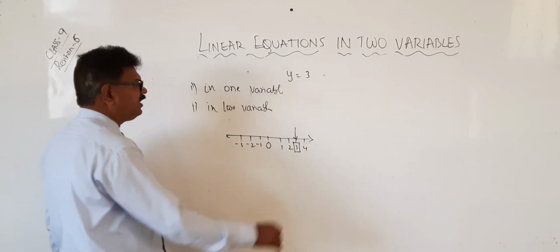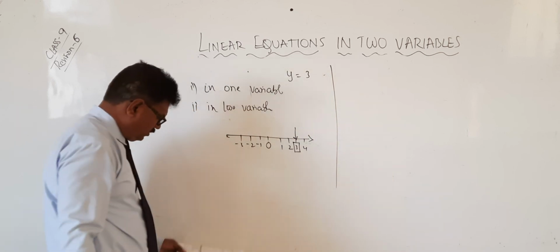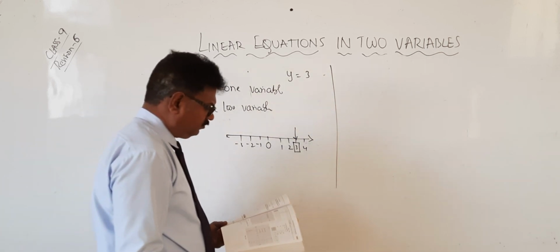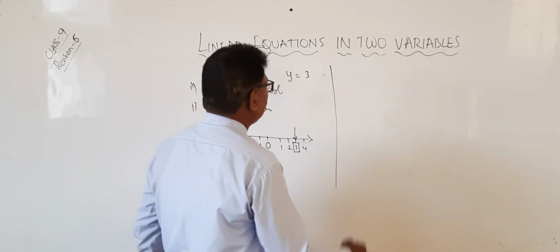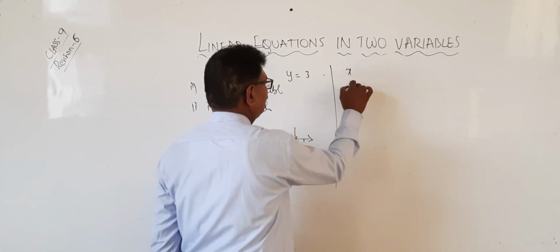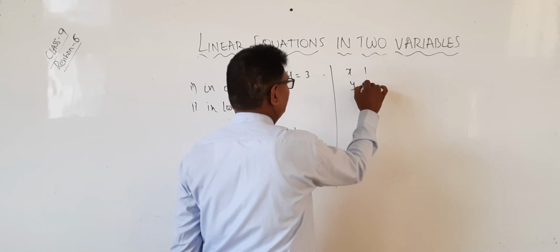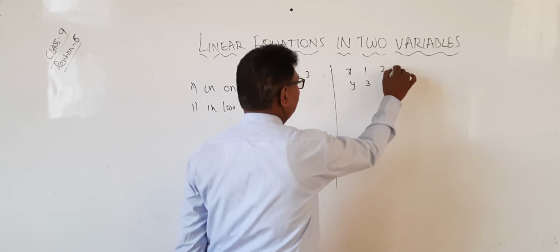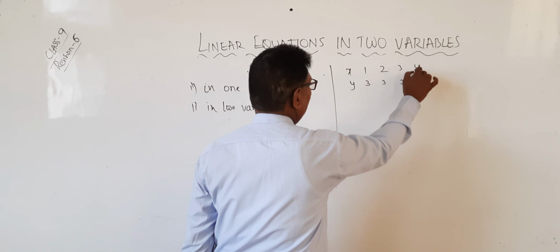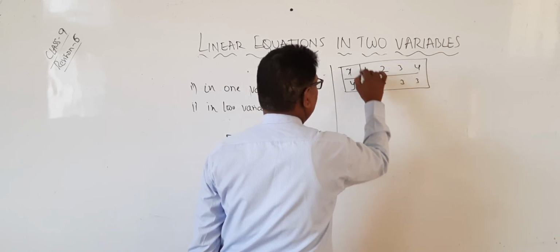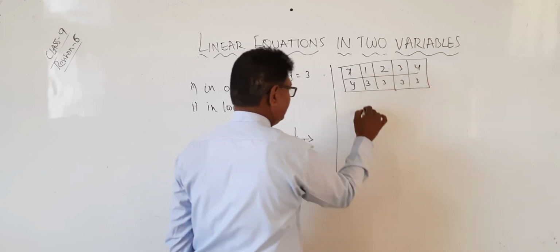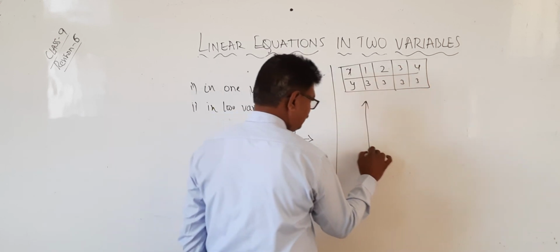If, for example, two variables, then what happens with two variables? Here x, y: x equal to 1, y equal to 3; 2, 3; 3, 3; 4, 3. That means what? You can substitute like this, then it will be like this.